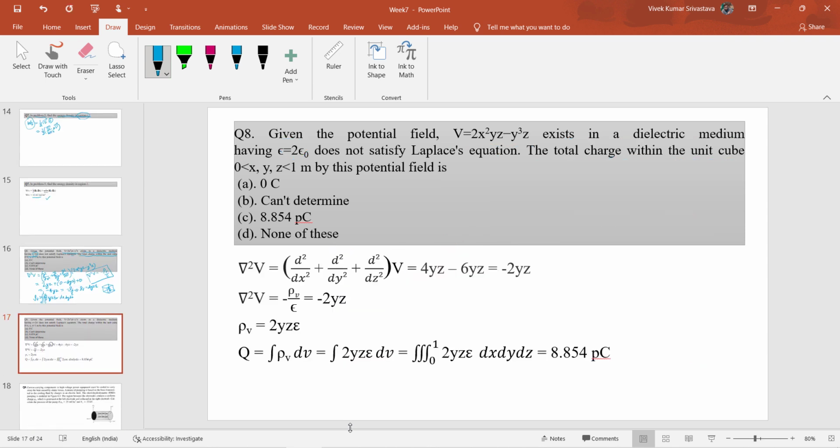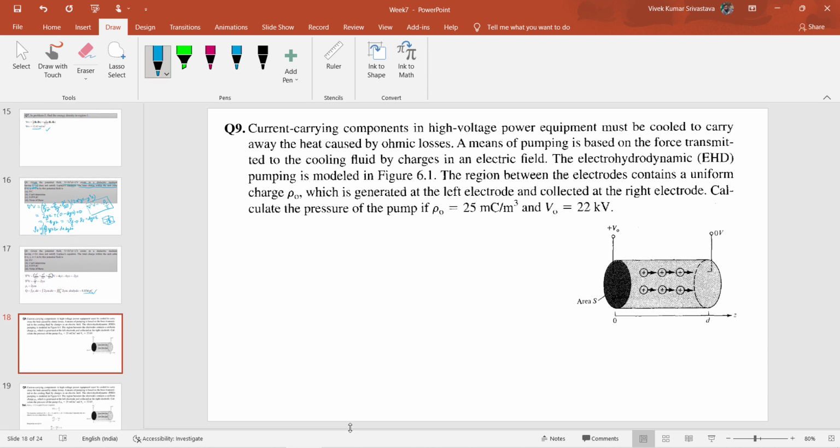By this method you can calculate the total charge present inside the cube. Once you calculate, the total charge will be equal to 8.854 picocoulomb. So let us move to the next question.